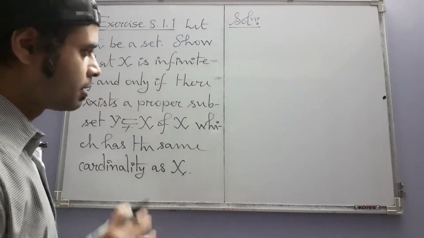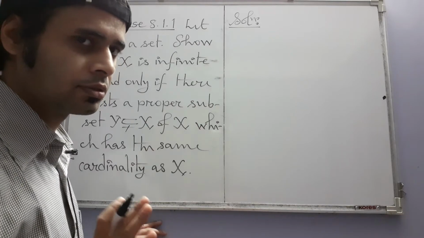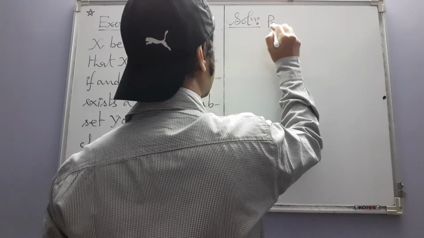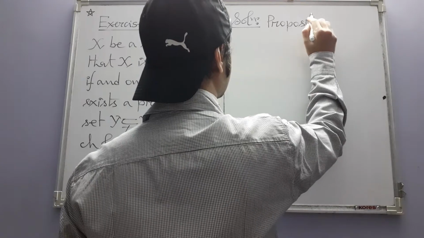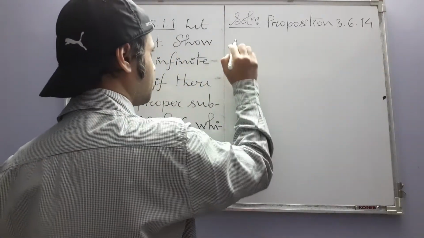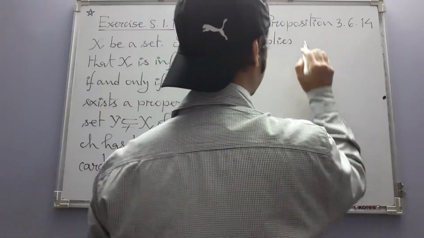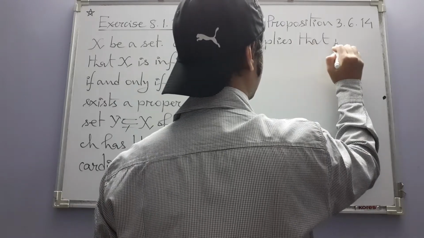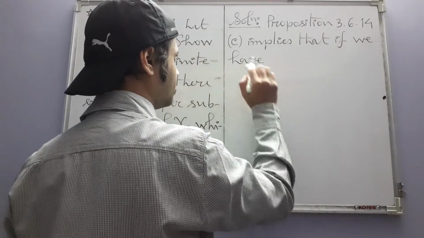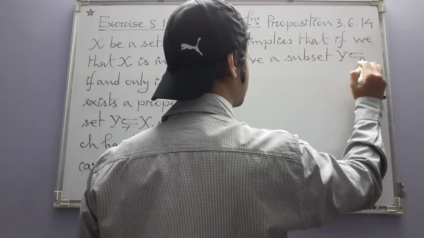So one half of this claim comes from a property of finite sets that we have already seen and proved, and that is proposition 3.6.14 part C. It implies that if we have a subset Y of X which is a proper subset.